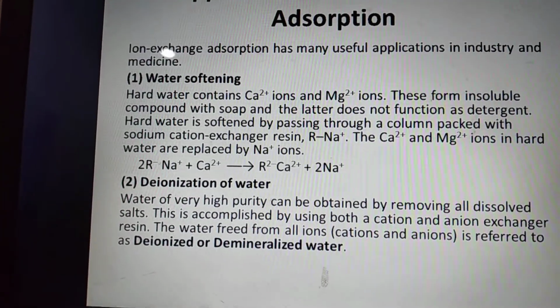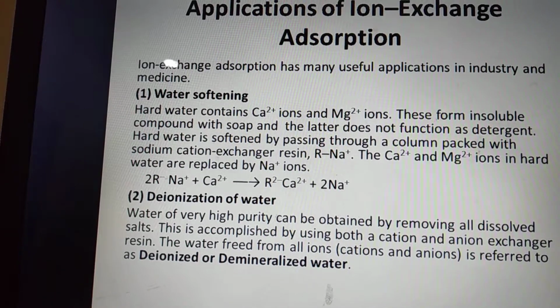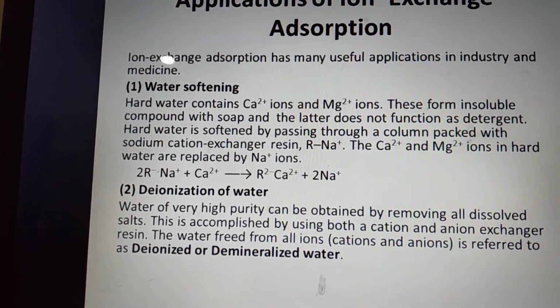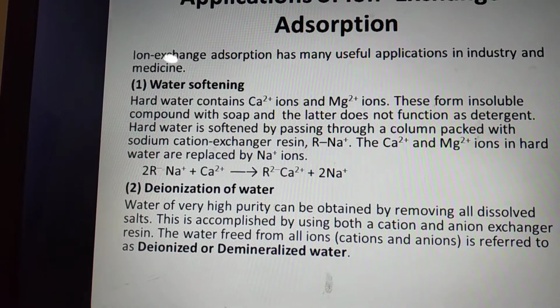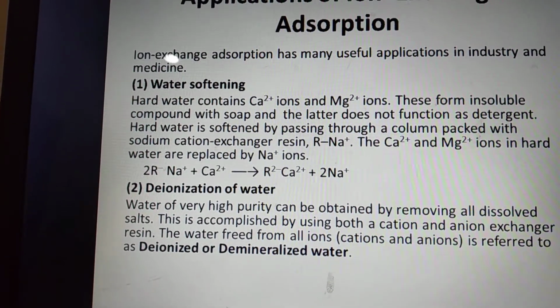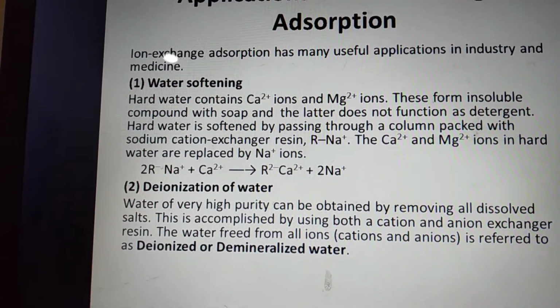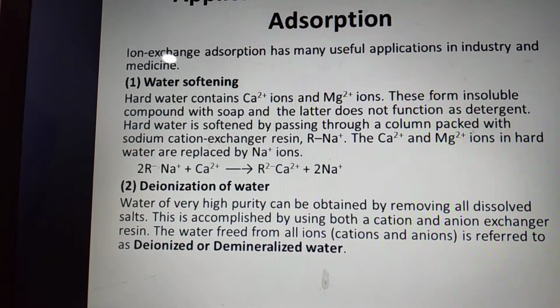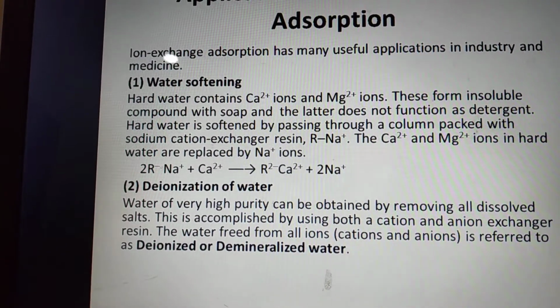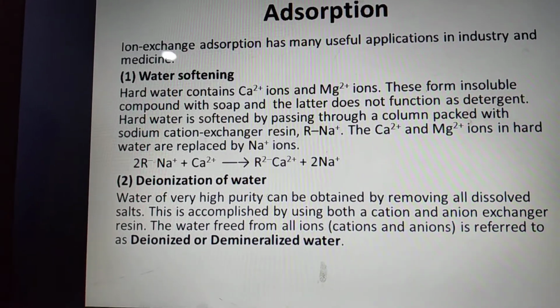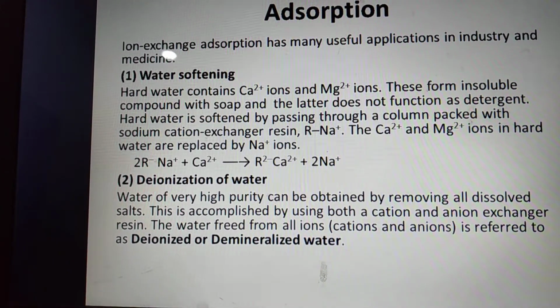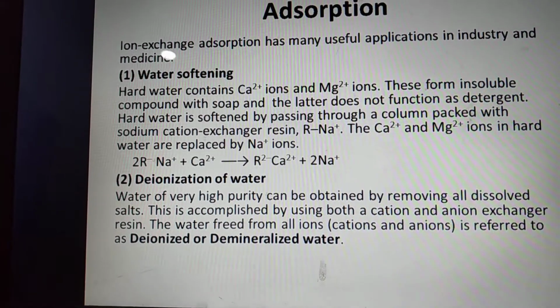Another example is adsorption by ion exchange. Adsorption has many useful applications in industry and medicine, such as water softening. Hard water contains calcium and magnesium ions, and they form insoluble compounds with soaps, called scums, and the latter does not function as a detergent. Hard water is softened by passing it through a column packed with a sodium cation exchanger.